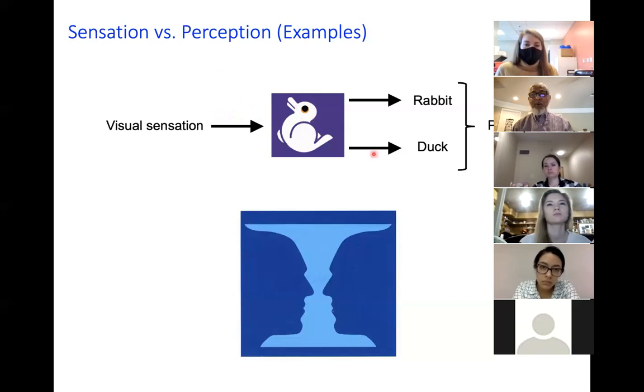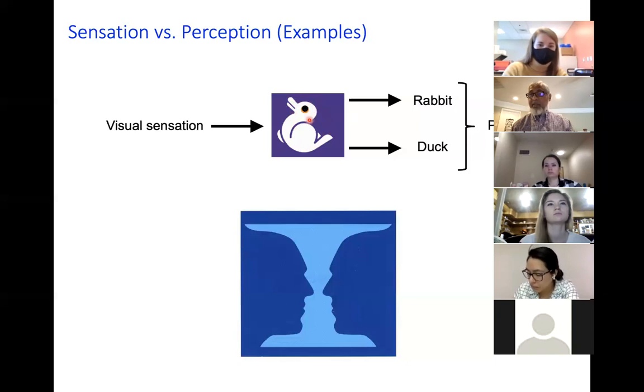Now, the sensory signal is the same. The signal is traveling as a nerve impulse. Everything is the same, but depending on the context or your previous experience, you see different things. There is no problem, both individuals are absolutely normal, but one will say, I can see a duck here.